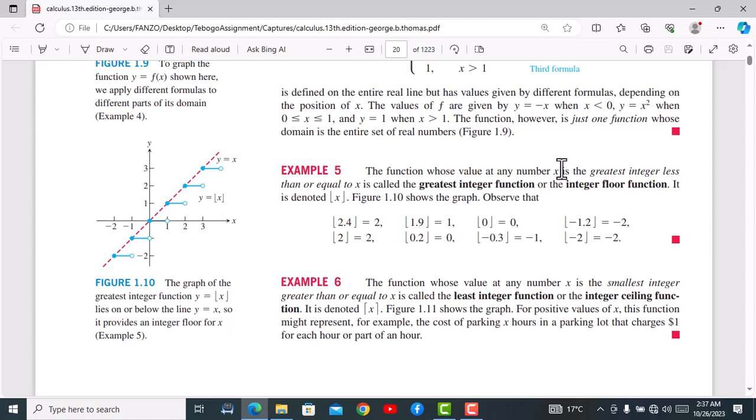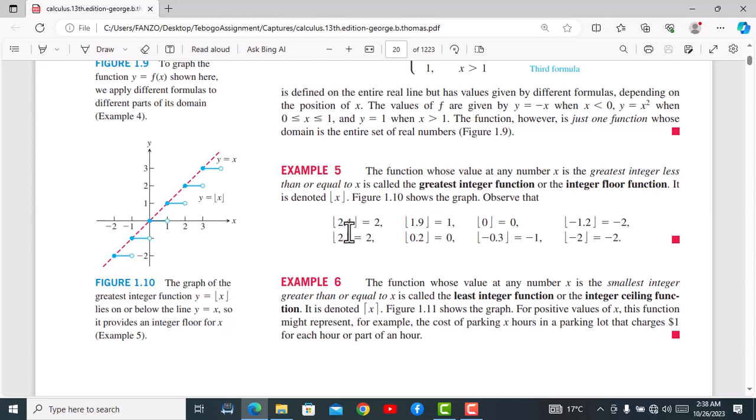So for any number x, you get the greatest integer less than or equals to x. So you can have an x value which is 2.4, and you get a value that is less than or equals to 2.4. So this is what we call the greatest integer function.